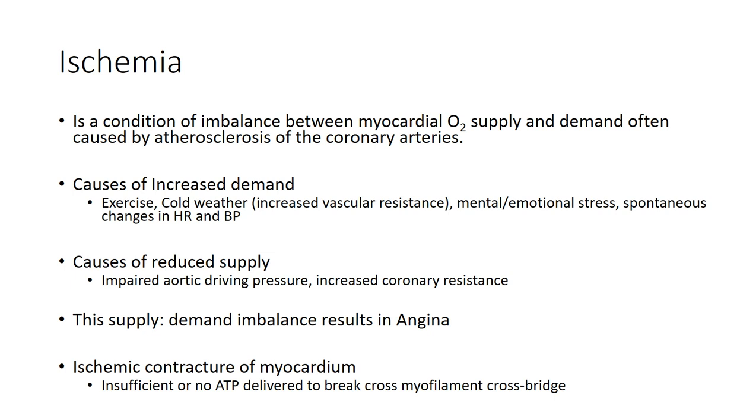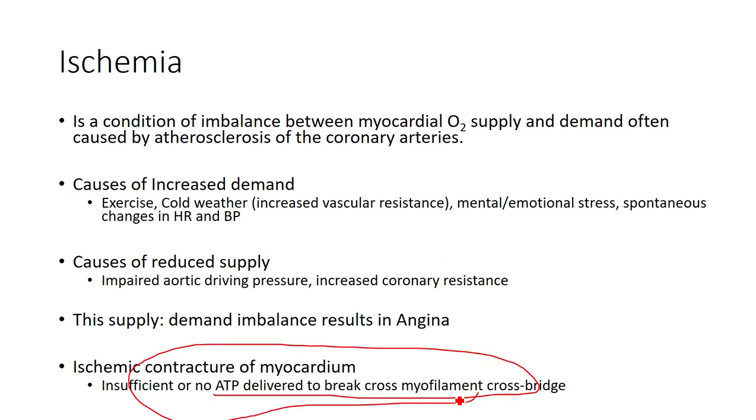And you can end up seeing an ischemic contracture of the myocardium, because if you don't return blood flow to the heart, we don't deliver ADP to break the actin-myosin cross-bridging, leading to almost like a rigor mortis of the myocardium. So we lose pumping performance because we don't have the ATP to continue the power stroke within the sliding myofilaments of the myocardium.